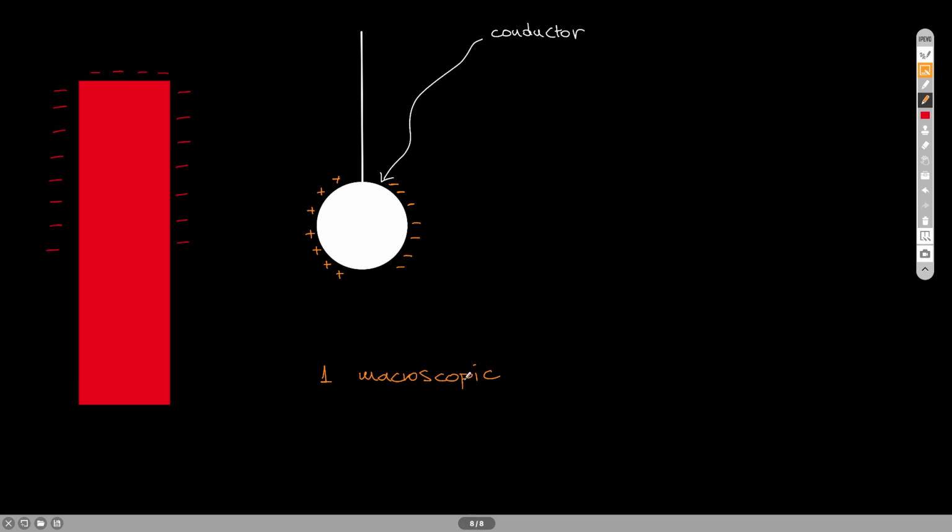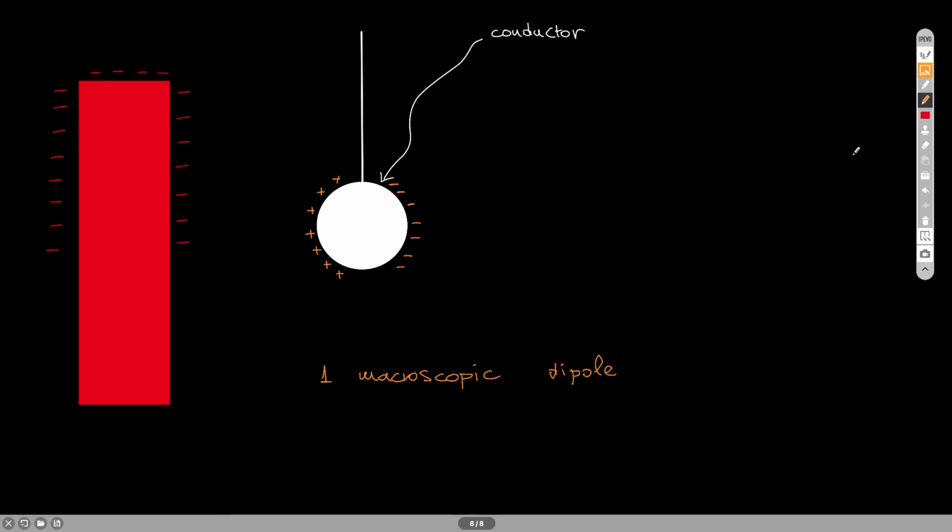And I'm using the word macroscopic because remember, I took a piece of foil and I made it into a sphere. This is a macroscopic level object. This is something that you can touch, you can move, you can squeeze. So this is one macroscopic level object, one macroscopic dipole. And it is a dipole. Remember, dipole means it has two poles, and you can see the two poles, the negative side and the positive side. So this is one macroscopic dipole.